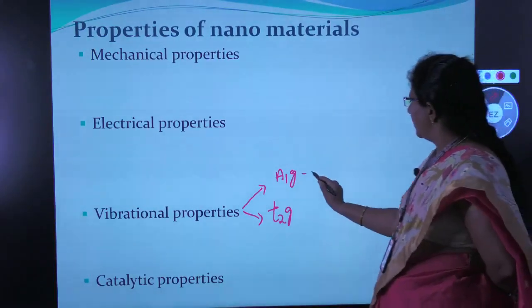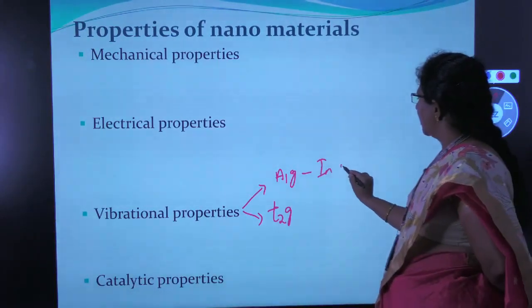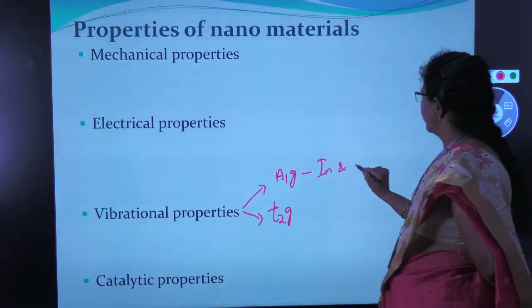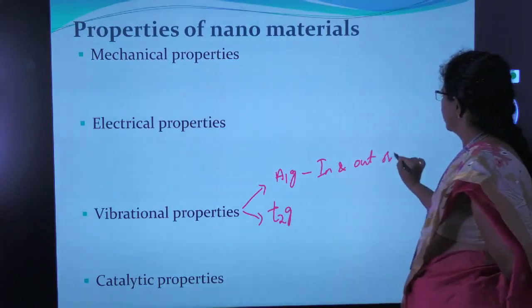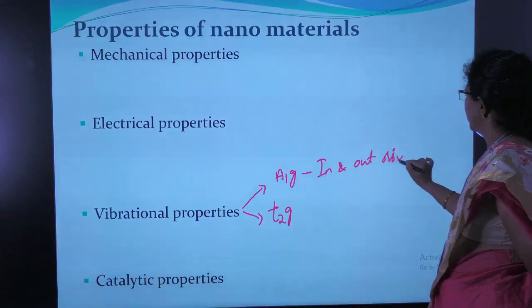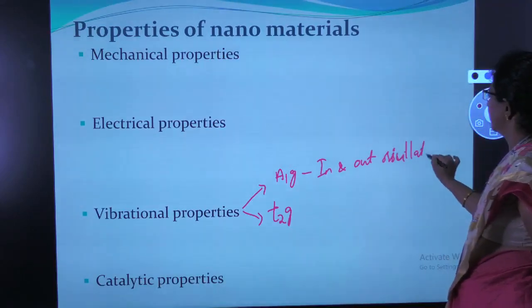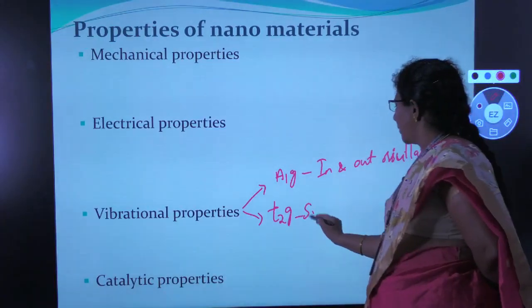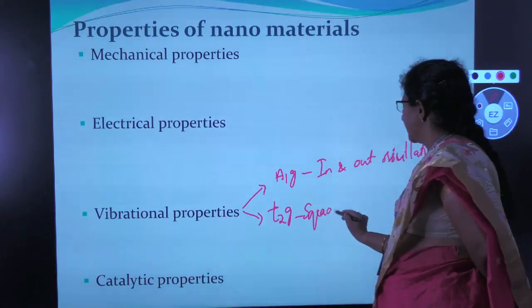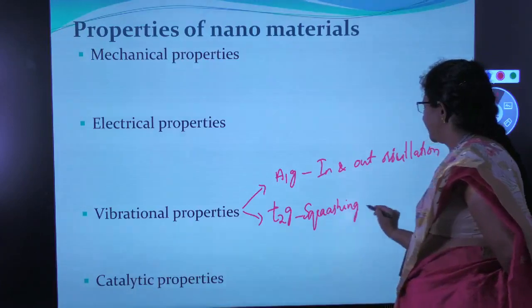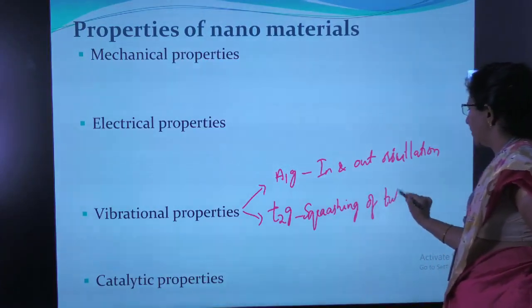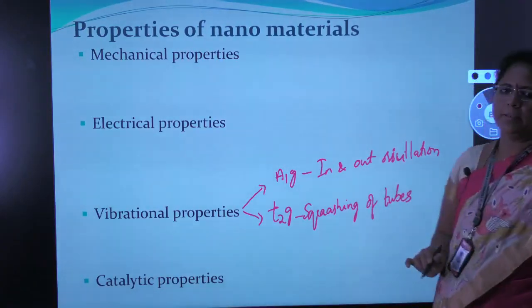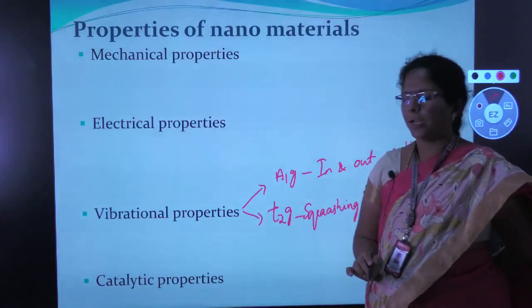A1G mode means in and out oscillation of the tubes takes place. T2G mode means squashing of tubes, that means oscillation between a sphere and an ellipse.